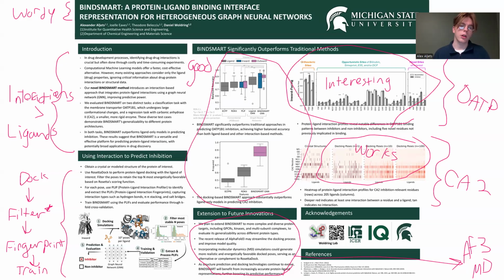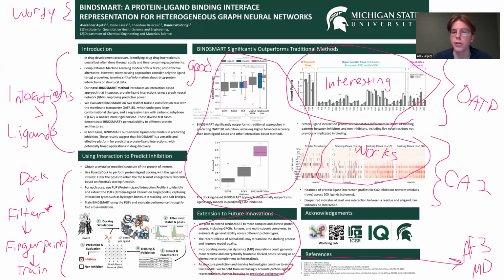Then we take a fingerprint of those poses with Glyph, and then we can train the model with that. From there, we get the results, the top is OATP, the bottom is CA2. Basically, the box plots show that our model's good. I should probably review those before I present it, but that's the gist. And then the other stuff is interesting.